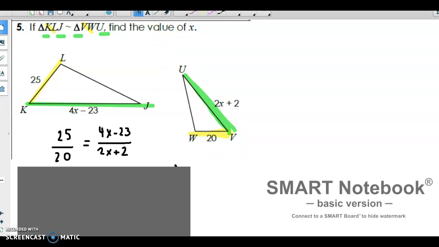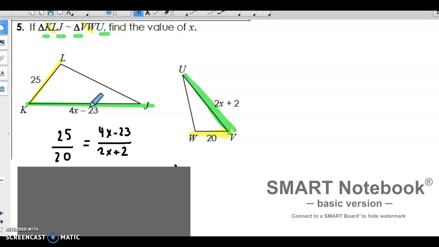So remember, to solve for x, you're going to set up a proportion. So a proportion sets two ratios equal to each other. So 25 over 20 equals (4x minus 23) over (2x plus 2). Now, when we have a proportion, what is the process called that we use to solve for x?